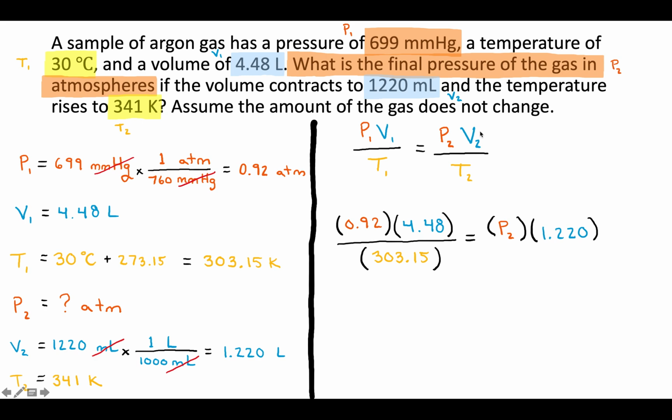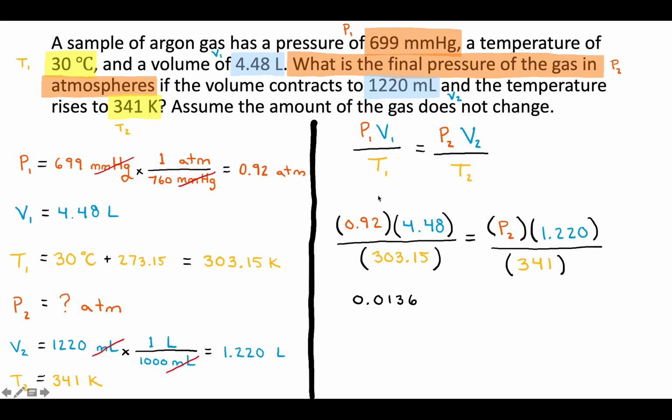And then for V2, I'm going to write 1.220. And then instead of T2, I'm going to write 341. Now, if you do the math on the left side, 0.92 times 4.48, enter, divided by 303.15, enter, that should give you 0.0136.